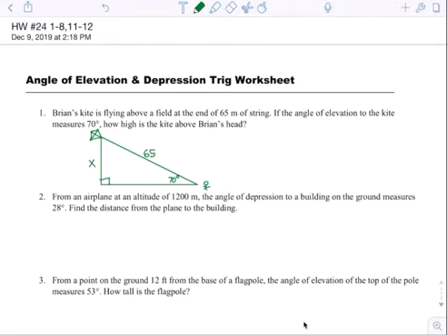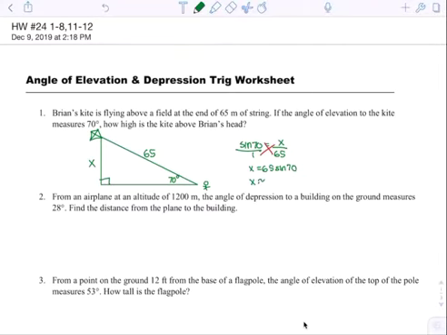All right, so you just solve for this. So we got sine of 70 is equal to x over 65 over 1, cross multiply, and we get x is going to equal 65 sine 70.